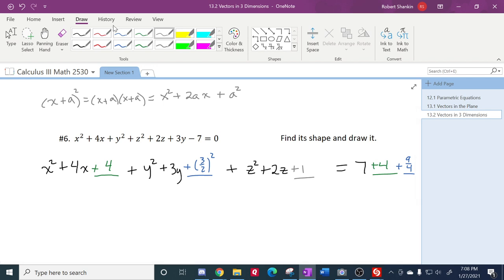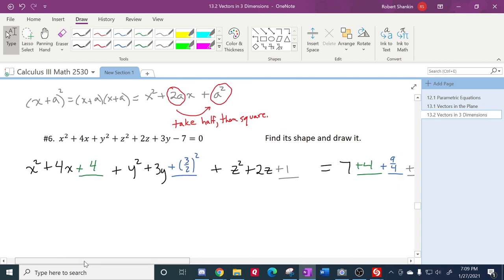What's the relationship between the coefficient here and this thing here? If you take half of this and square it, you always get this. Take half and square. And that's what we were doing each time. Half of this is 2, squared is 4. Half of this, 3/2, squared. Half of this, 1, squared.